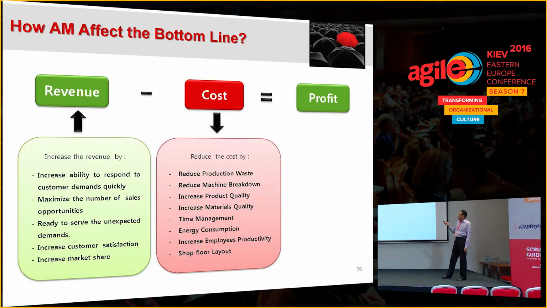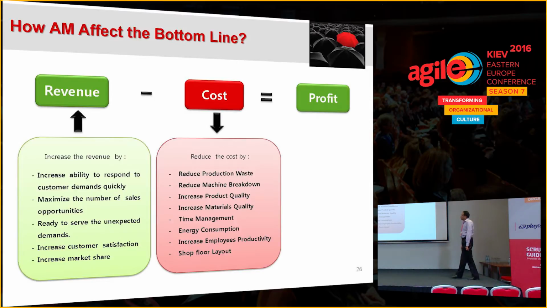You can increase the revenue by increasing the ability to respond to customer demands quickly, and this is what Agile is for. Maximize the number of sales opportunities. This is what agility works with. Ready to serve unexpected demands. You have to be ready for change. Increase the customer satisfaction and increase the market share.